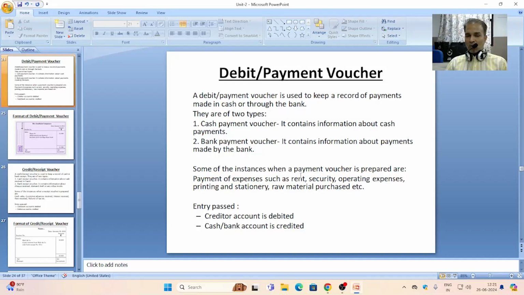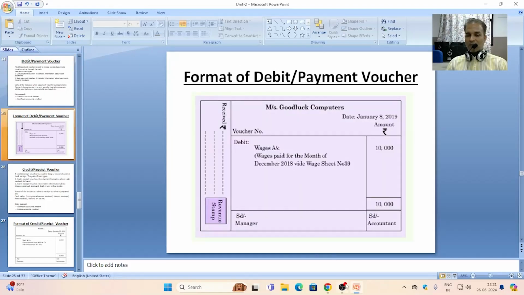For more understanding, we can take a format as an illustration for the payment or debit voucher. Let's see it. This is the general format of a debit or payment voucher. Have a look. This is a voucher and entry passed for wages paid for the month of December 2018.